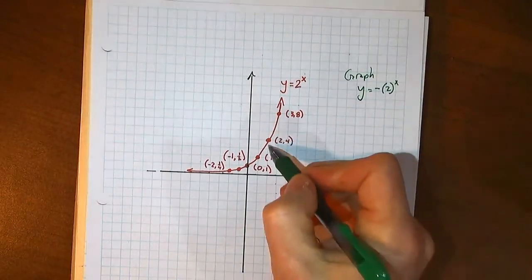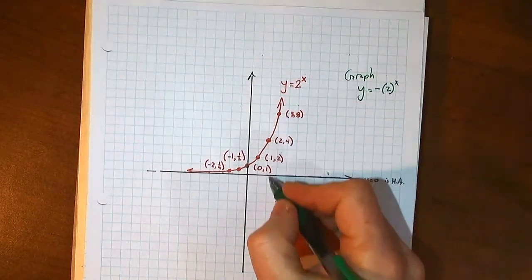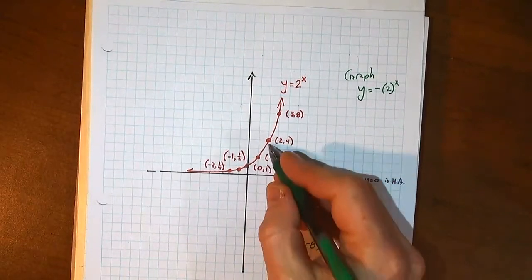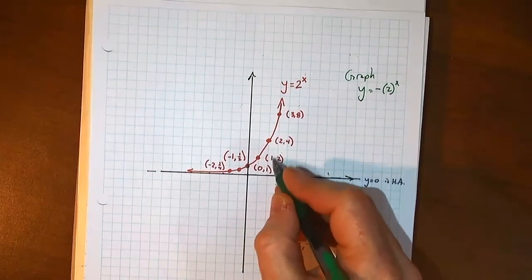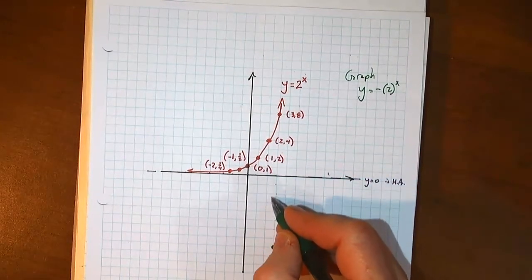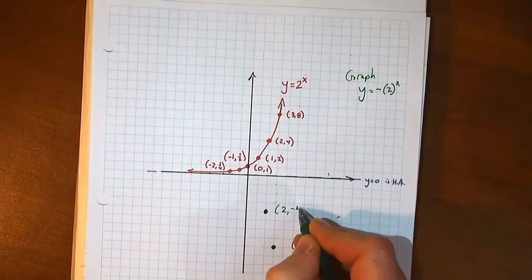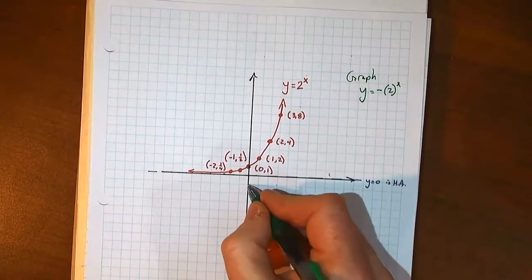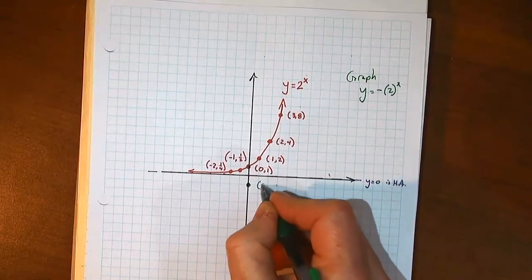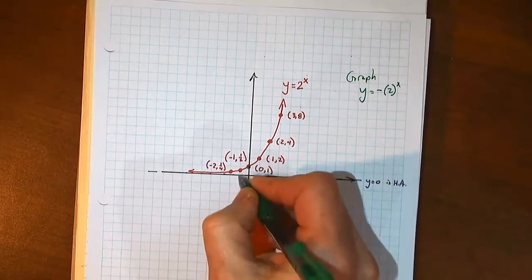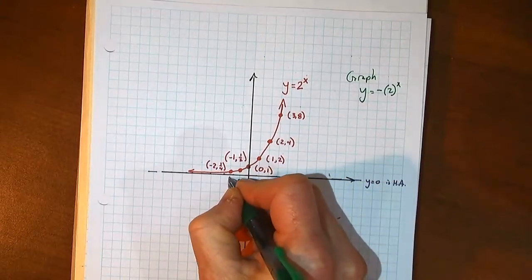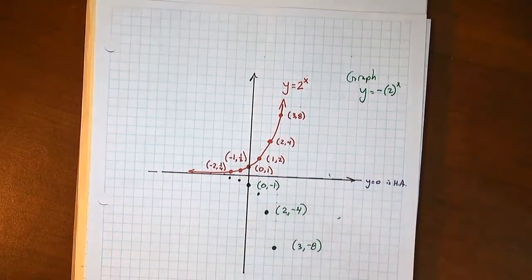Okay, same thing if I was up 4 right here. Now I'm going to be flipped over the x-axis. So if I was 4 above the x-axis, now I'm going to be 4 below the x-axis. Okay, and that's going to be true for all of our points. For the sake of time, I'm not going to graph or label every single one of them, but there's where we are.